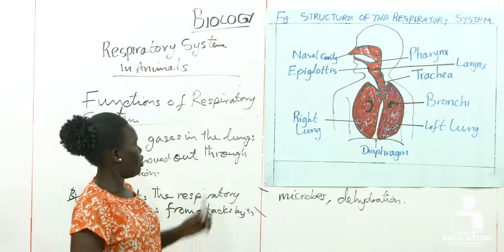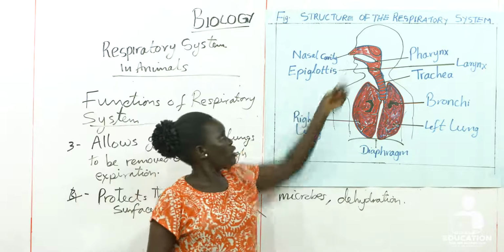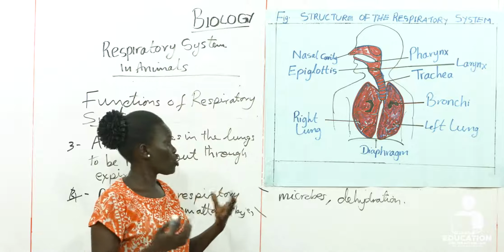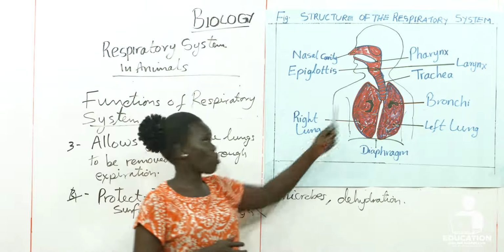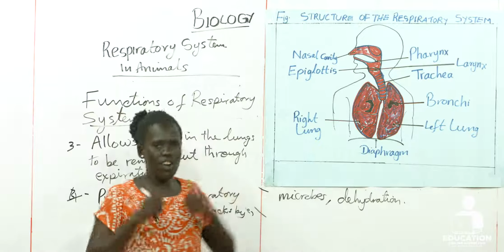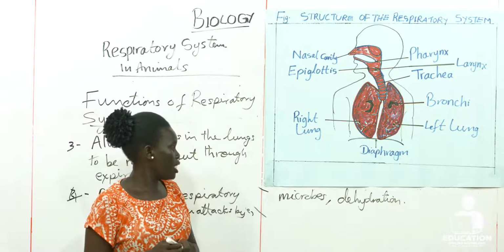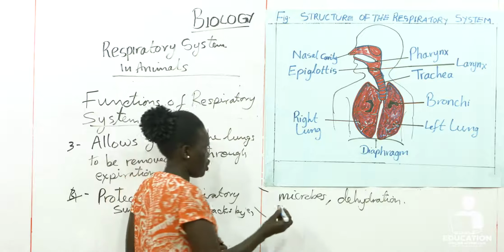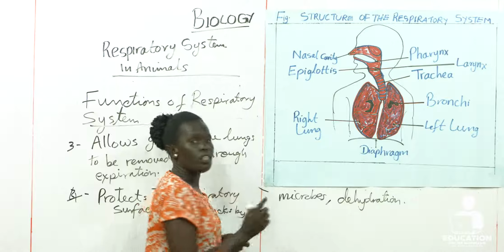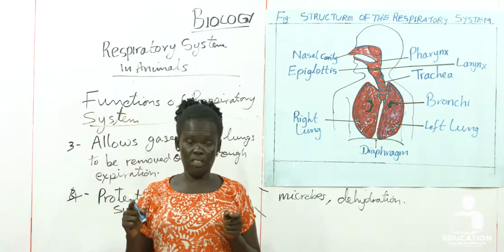So the nose we are using for drawing in air, or the mouth we are using for drawing in the air, they are normally moist. This is a characteristic of the respiratory system surface.